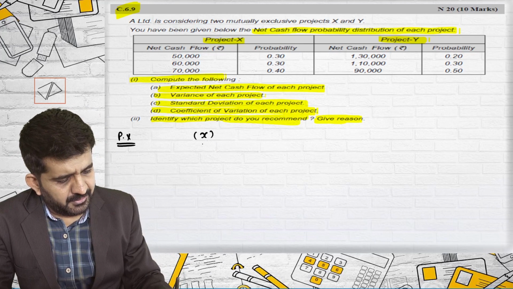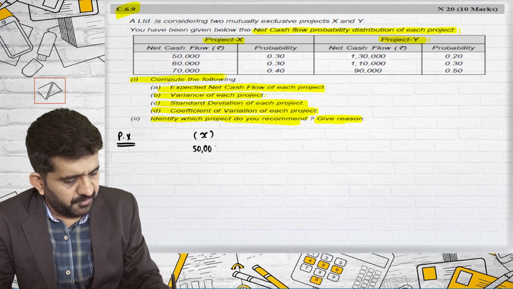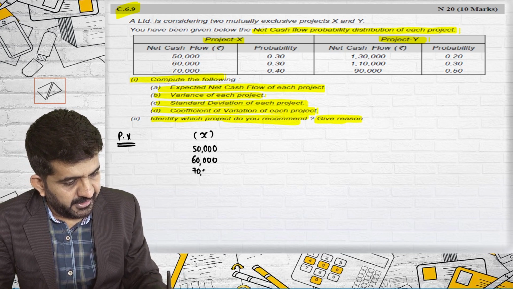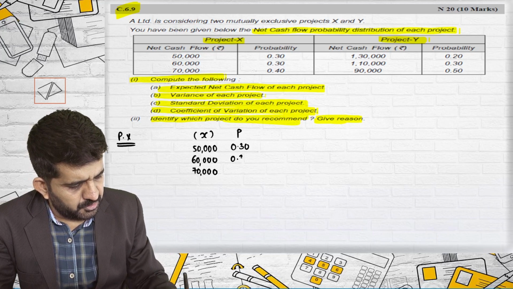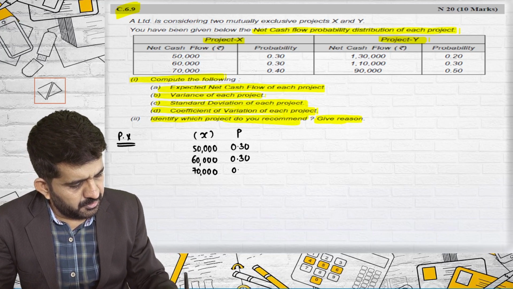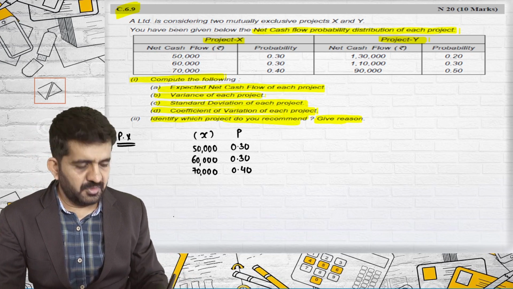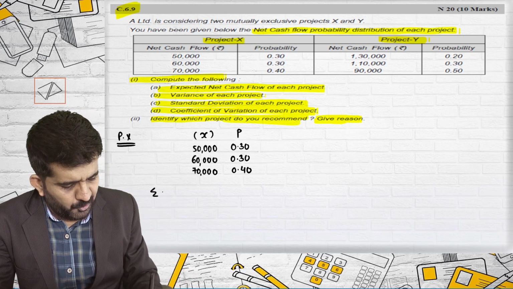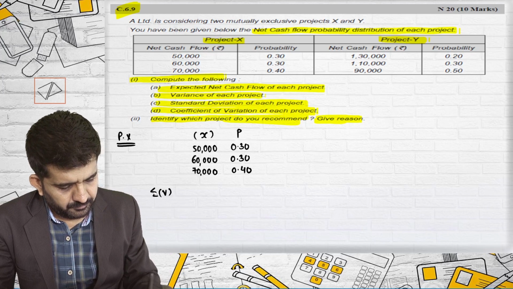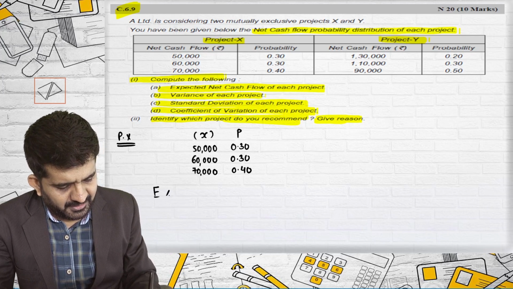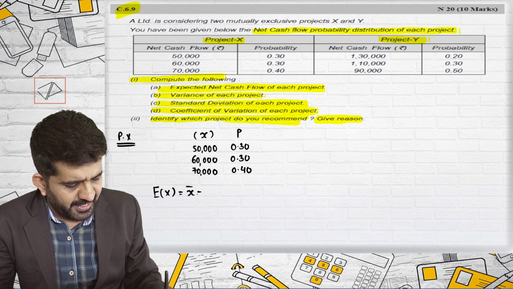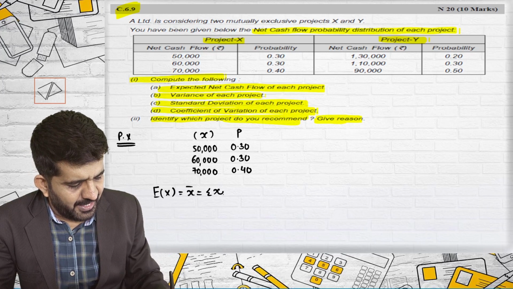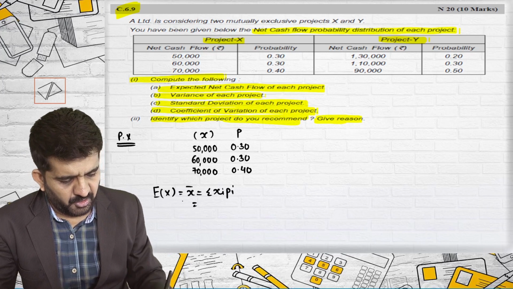My cash flows are 50,000, 60,000 and 70,000 with a probability of 0.30, 0.30, 0.40. My expected value of X, symbolically written as E(X) or X bar, is the sigma xi pi, just a multiplication of these three.